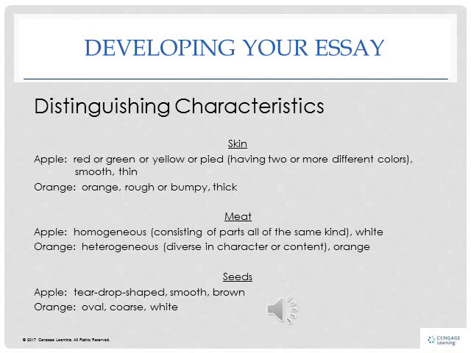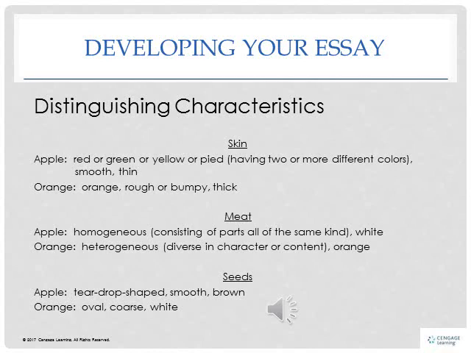Since we're talking texture of the apple skin, saying that it's smooth, then we need a corresponding analysis of the texture of the orange, and so it's rough or bumpy. And then, since we said that the apple skin was thin, then we are obliged to say that the orange skin is thick. Same thing with meat. The apple, clearly the colors are white for the apple and orange for the orange.